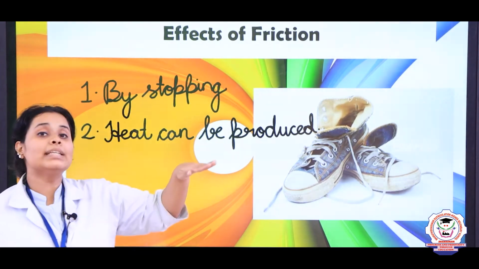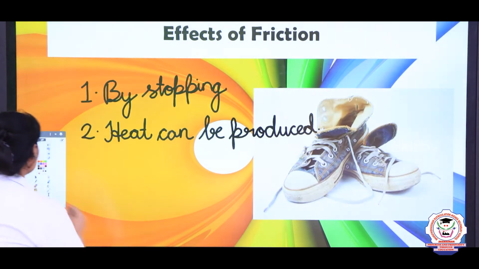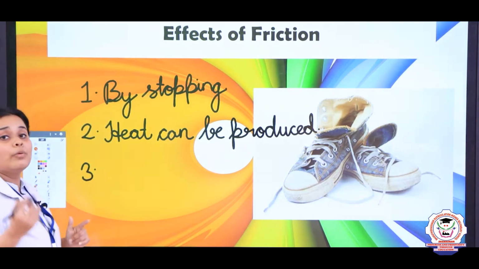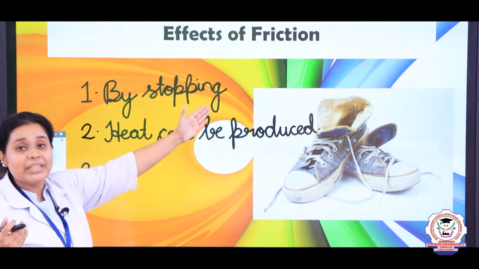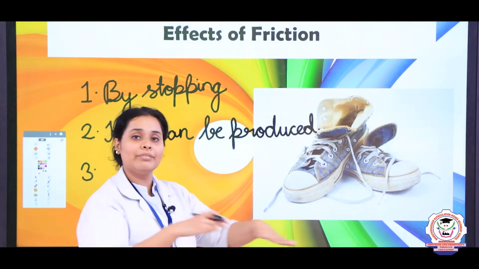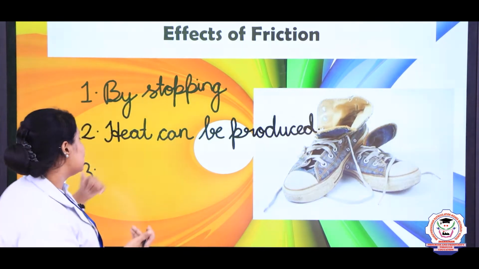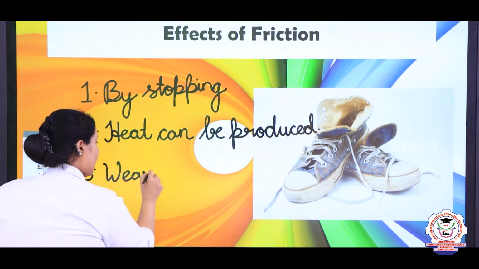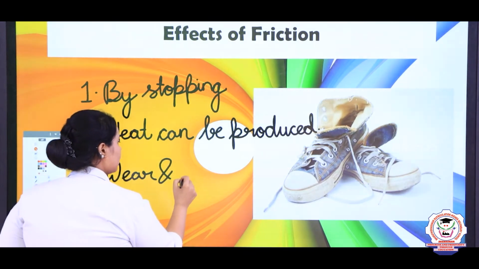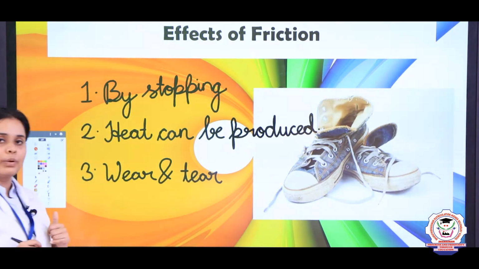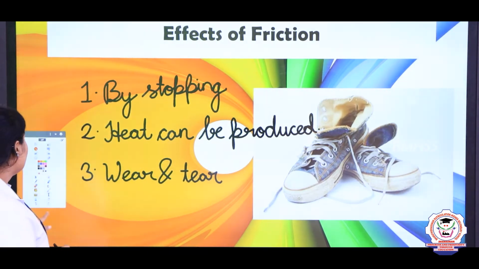So the third point is, if an object experiences friction, such as a shoe being moved by us, wear and tear will happen. It will get spoiled.